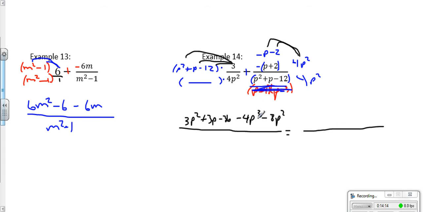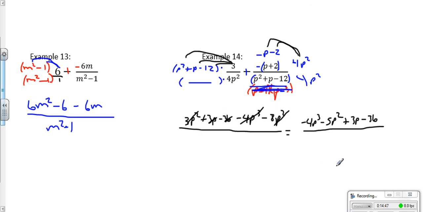I have negative 4p cubed, that's the biggest one, so I'm going to put it in standard form. That would go first. And then I have a 3p squared and a negative 8p squared. So together, that's a negative 5p squared. Okay, that's those two. And then I have a plus 3p. And then I have a minus 36.